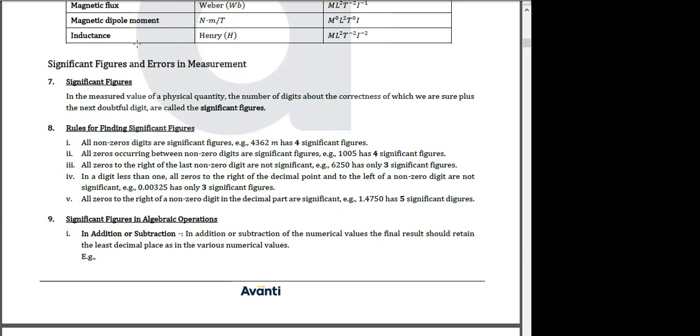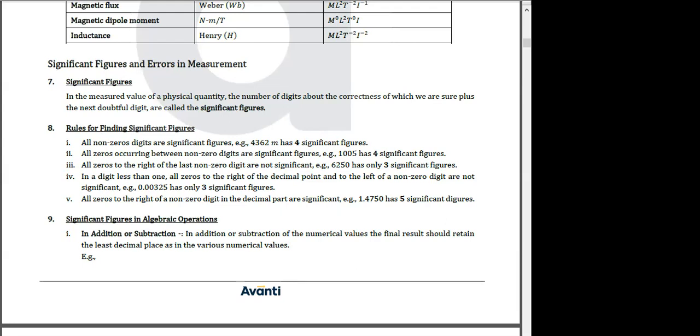When we write a value, there are many ways to write it. Either you can write in scientific notation or decimals, and we take some approximations also. So whenever a problem is asked, or whenever we take an approximation, we have to make sure to which number of digits we are approximating, if it is in decimal. Because whenever we talk about significant figures, we are just talking about decimals and scientific notations.